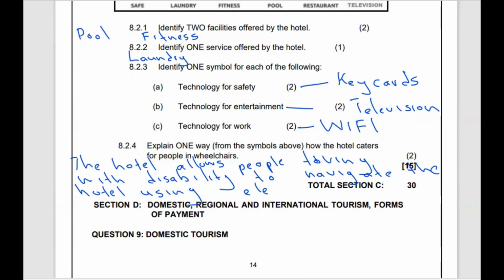So instead of them climbing the stairs or taking their wheelchairs in through the stairs, they can actually make use of elevators. So that is one way in which the hotel caters for people living with disabilities or people who are in wheelchairs.